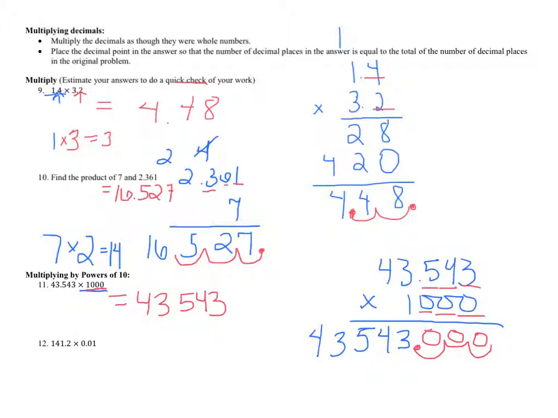So what I'm saying, there are 3 zeros in 1,000, therefore our original number of 43 and 543 thousandths is going to increase in size by 3 decimal places. So since the original decimal started here between the 3 and the 5, I'm going to increase it 1, 2, 3 places and put that decimal at the end of the 3, just like we have in our answer, leaving us with 43,543.